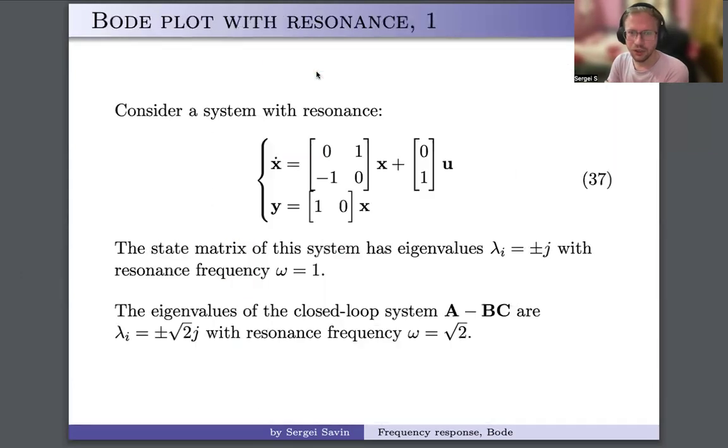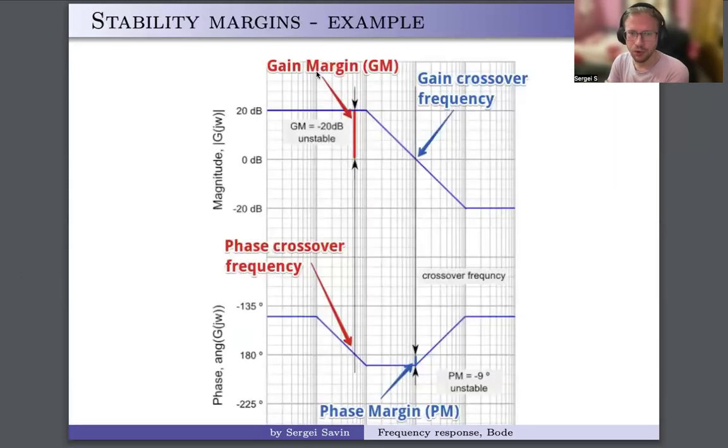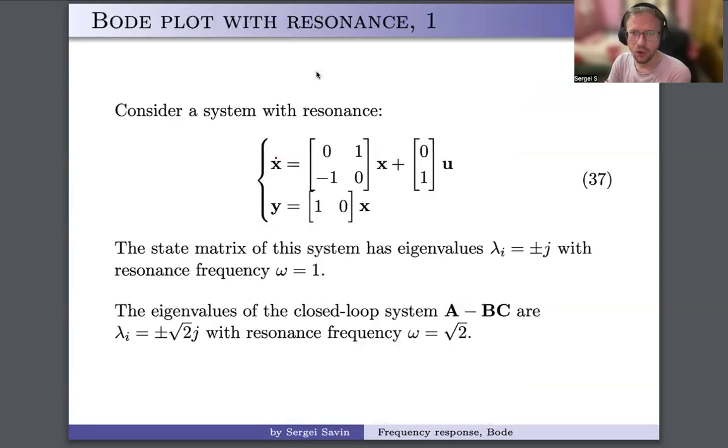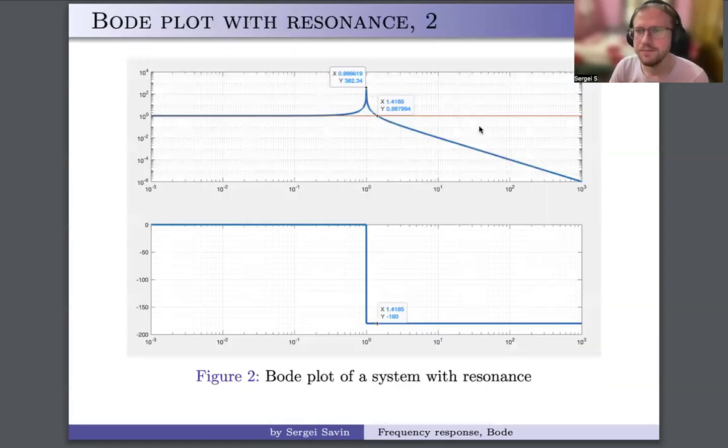For now, I will just go straight into an example of a Bode plot. Let me go to this example here, then I will return and we'll go through the rest of the slides. Okay, so this is an example of a Bode plot. This plot here is the plot of amplification, so how much the amplitude of the signal is going to change based on the frequency.